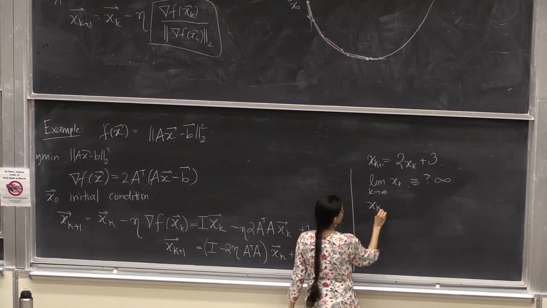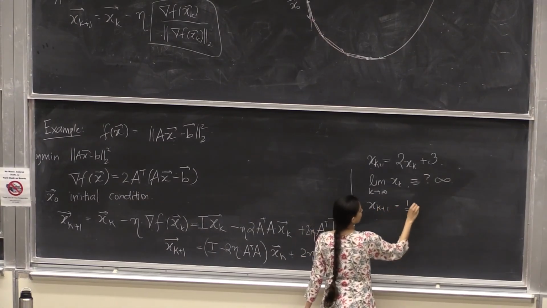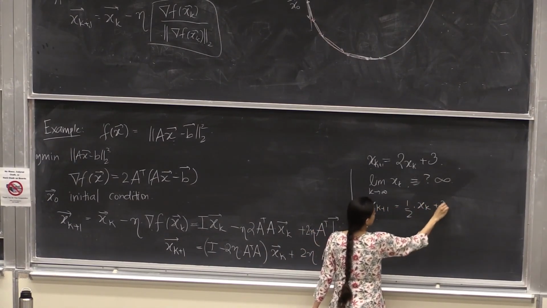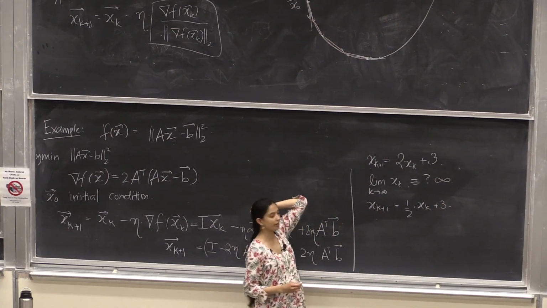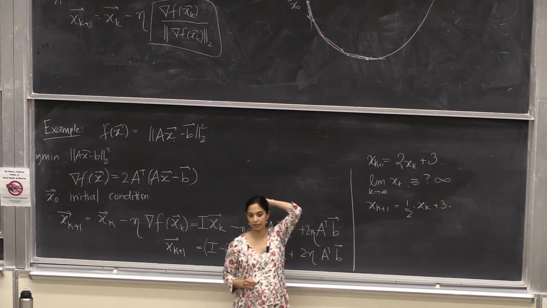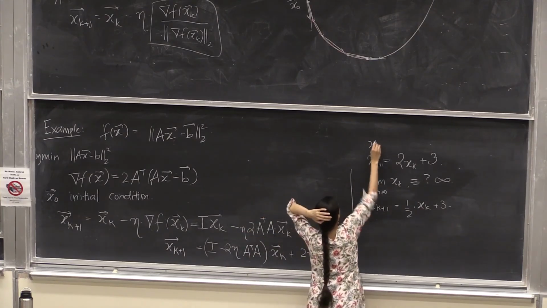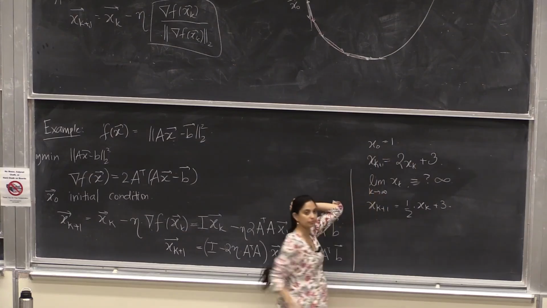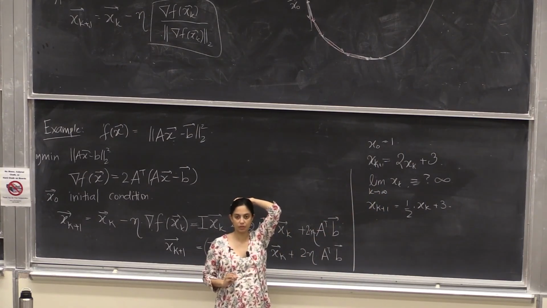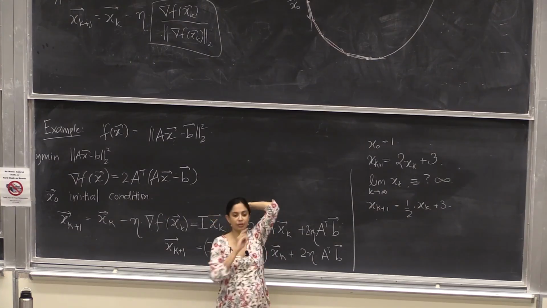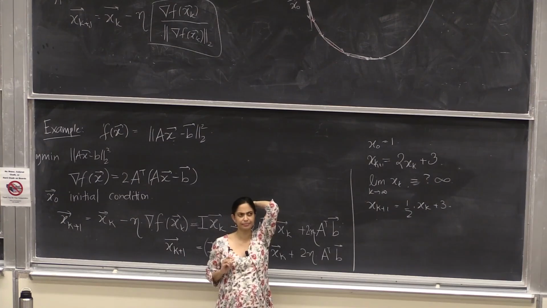What if I had xk plus 1 is equal to 1/2 xk plus 3? What is the limit in this case? Great question. If x0 was negative, this could go to negative infinity. Yes, sorry, I'm assuming, let's say x0 is 1. Fair point. The point I wanted to make was just that it's diverging. Actually, no, it even depends on what the value of x0 was, but yeah.